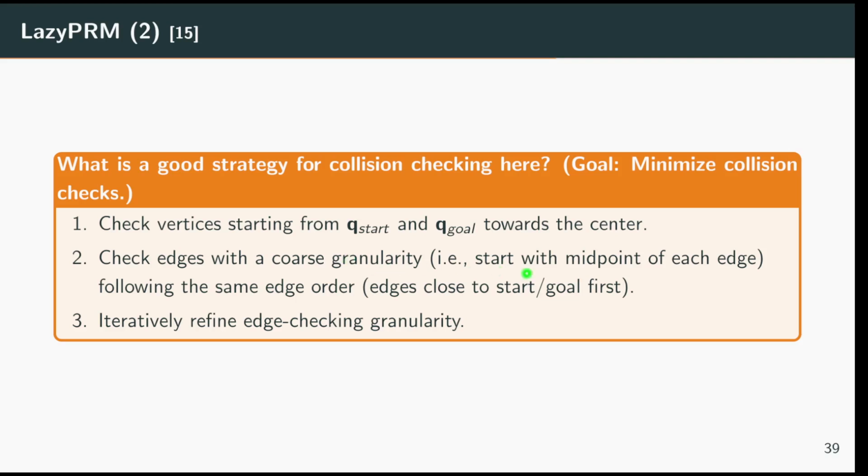They first start with the midpoint of each edge, also first close to the start and goal, and then if all of the midpoints are fine, you can split it again in half, kind of similar to a binary search, which is kind of this third and final step.